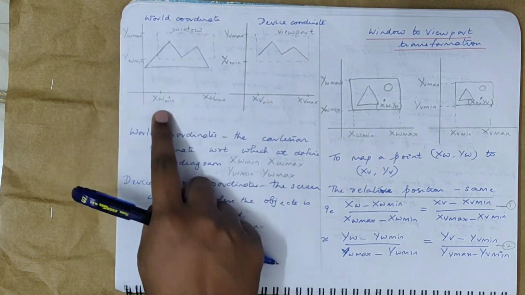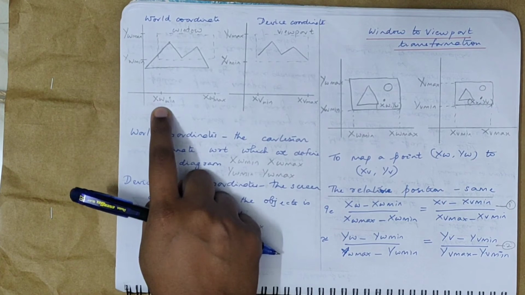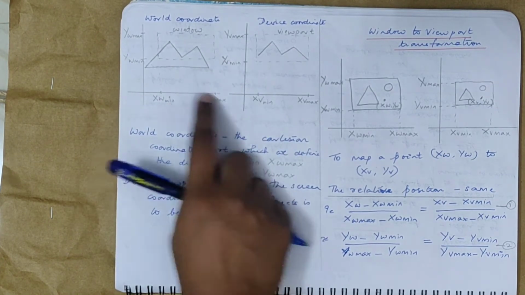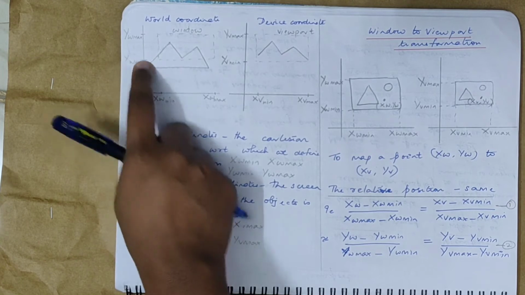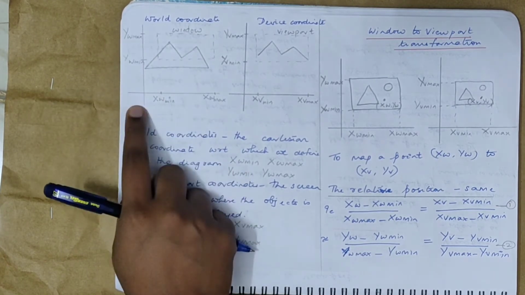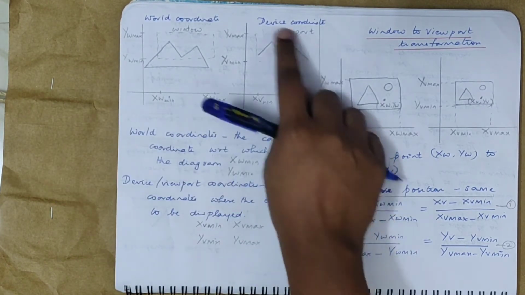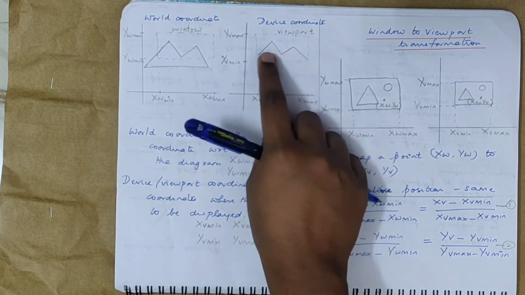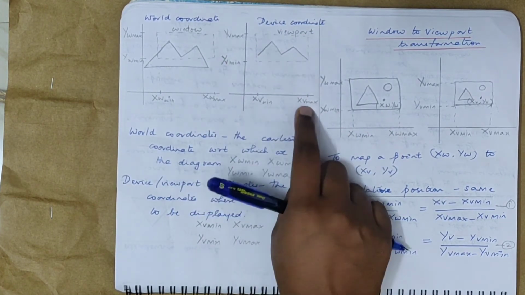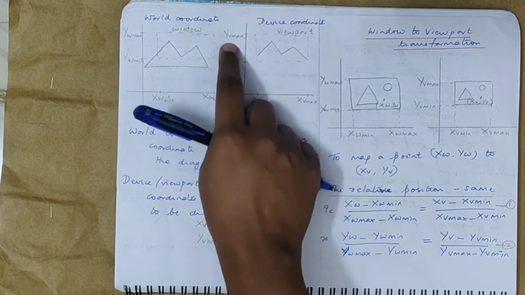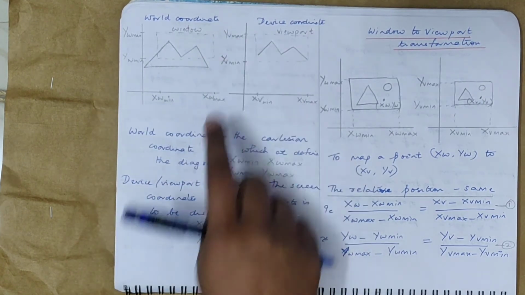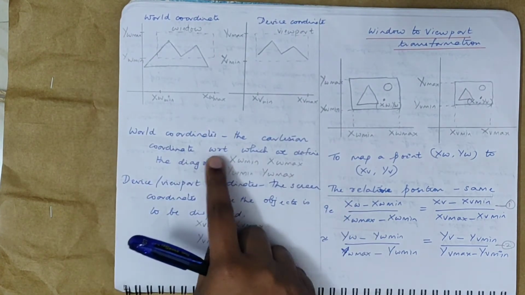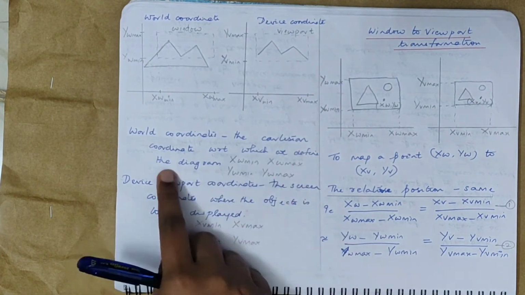In the world coordinate system, you call this point xw min, and this is xw max, and this becomes yw min and yw max, w denoting the world coordinate system. Then in the device coordinate system, for the same points which we are going to map, we have xv min, xv max, similarly yv min and yv max. The world coordinate system is nothing but the Cartesian coordinate system with respect to which we define the diagram.